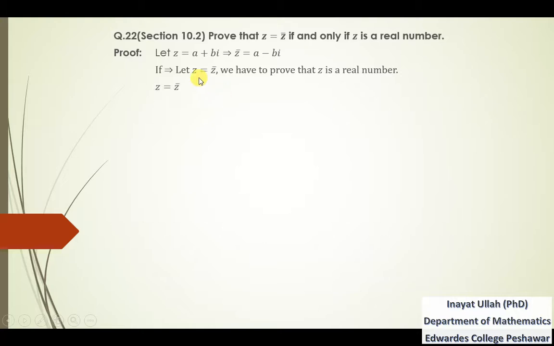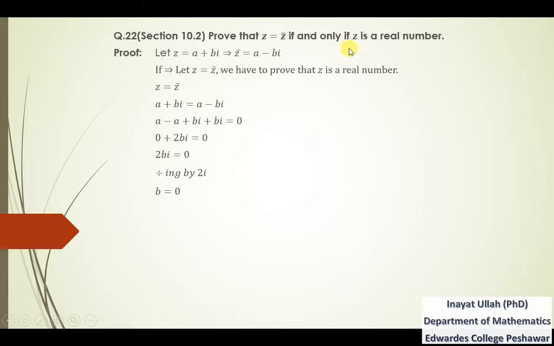So as Z is equal to Z conjugate, it means that a plus b iota is equal to a minus b iota. Shifting these two towards that side, so that will be equal to minus a, and that will be equal to plus b. Minus a plus a cancel, and b iota plus b iota is 2b iota. Dividing by 2 iota, we get b is equal to 0.